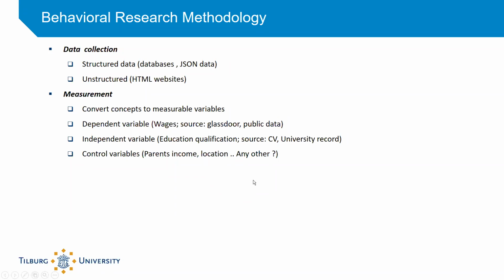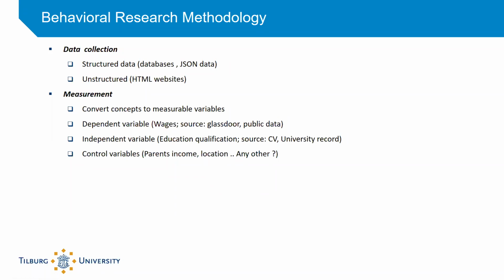And the third important thing is the confounding factors. Last time when I was talking about the relationship, I said that parents' income could be a confounding factor and hence must be kept constant in our model. But there could be other things as well. For example, location could also be an important confounding factor.